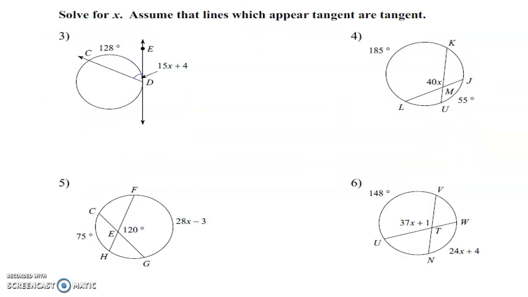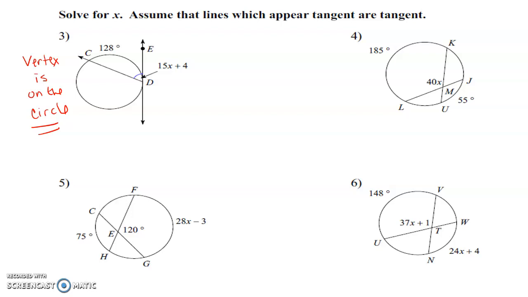Okay, let's look at some more situations. Now here my vertex is actually on the circle. So the nice thing about this is it's going to have the same formula as an inscribed angle.